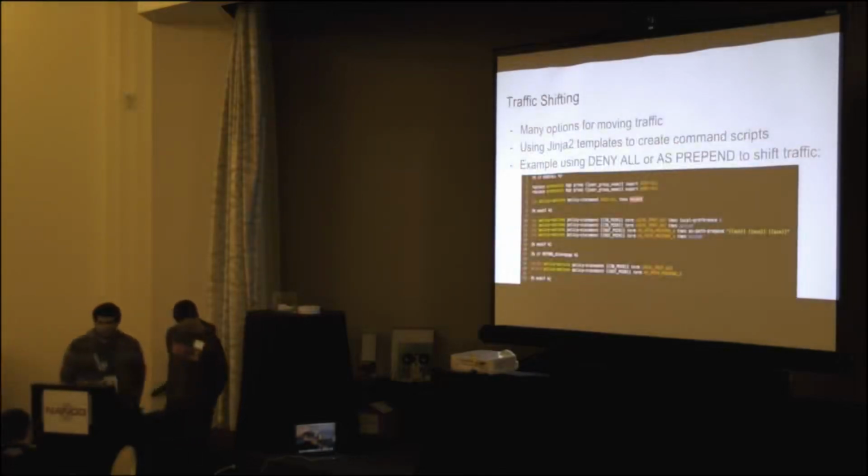Okay, so it can be very flexible, and there are many options for moving traffic. Currently, we're using Jinja 2 templates to create command scripts. This is just an example of using deny any or AS prepend to shift traffic. The idea is that if you hypothetically want to keep the session up but don't want to receive anything from or going to the BGP peer, you can just put a deny any on the import and export, or in and out.